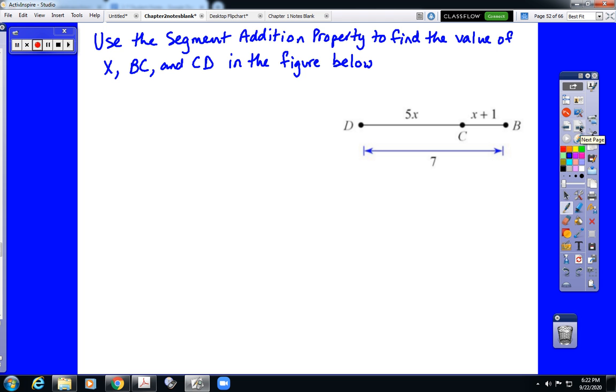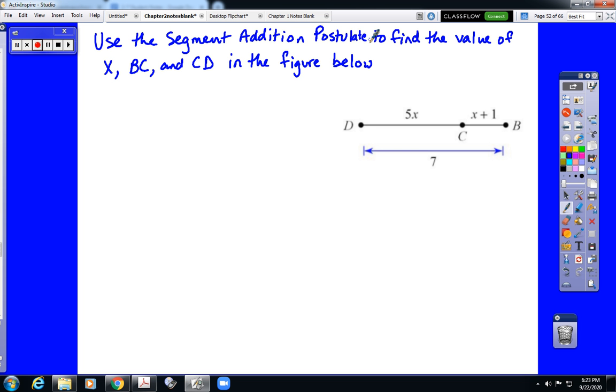Here we have a segment addition postulate, should say postulate, not properties. I'm going to fix that real quick. We have a segment addition postulate problem. We are going to find the value of x, the length of BC, and the length of CD in the figure below. So in that figure, you'll notice that B, C, and D are collinear points.